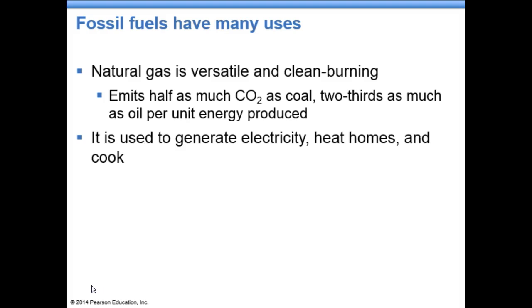It's easily converted to a liquid at low temperatures, which makes it very easy to transport and ship. The liquid form is known as liquefied natural gas, or LNG, and you've probably seen that around somewhere before. We replace coal with natural gas to generate electricity, and this cuts our carbon emissions in half.